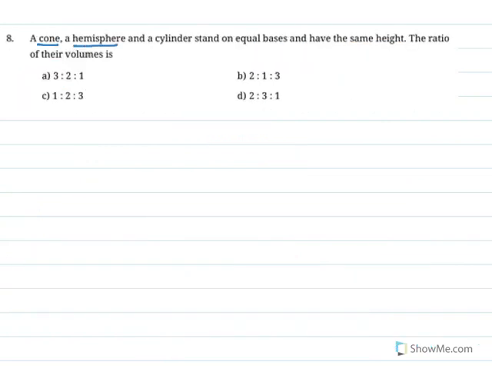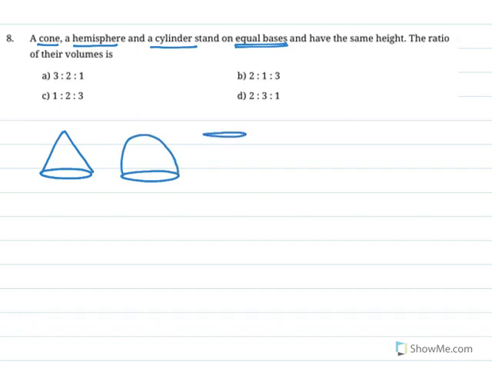A cone, hemisphere and a cylinder stand on equal bases with the same height. If the bases are equal, it means the radius is the same. So we got to draw a cone. Here is a cone with this height. Then we're going to draw a hemisphere, same height, and then we draw a cylinder having the same height.